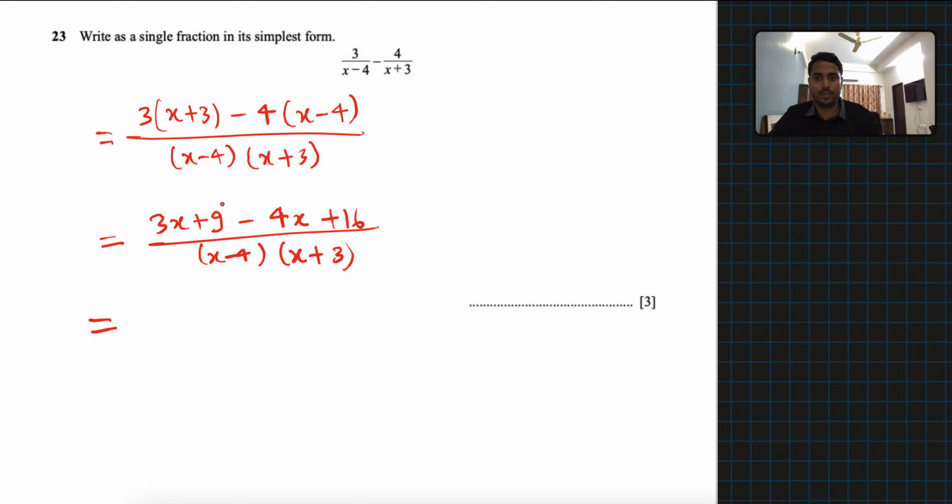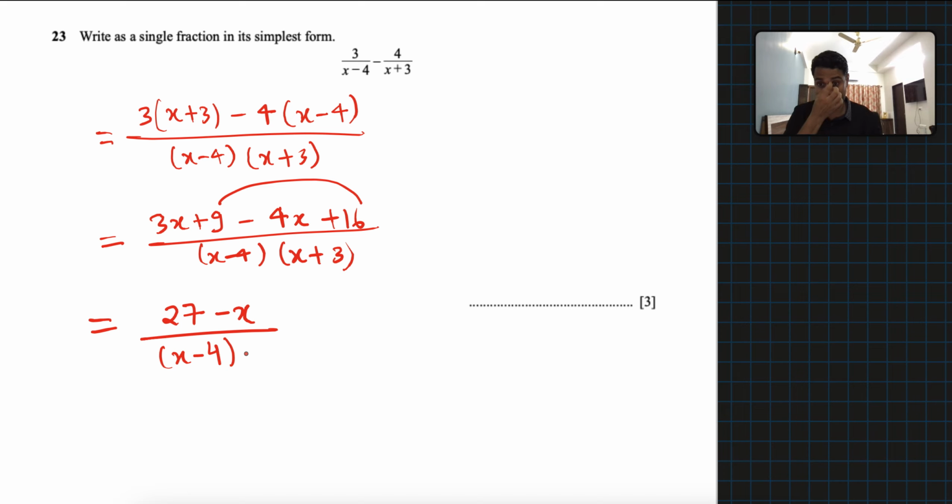So that is going to be 9 and 16, and 9, that is going to be 27, and this is minus x over x minus 4, and this is going to be x plus 3.